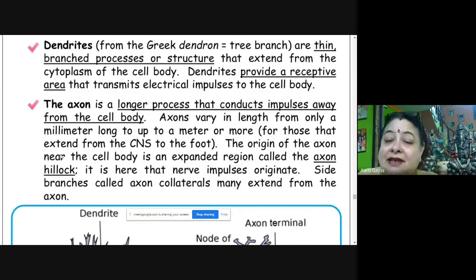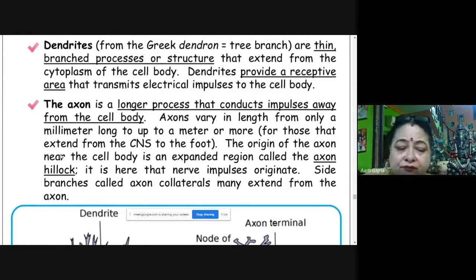Axons vary in length from only a millimeter long to up to a meter long. Because if we see the central nervous system and our foot, the length is very large. So it can extend meters, or it can be small. The length of the axon varies from neuron to neuron.